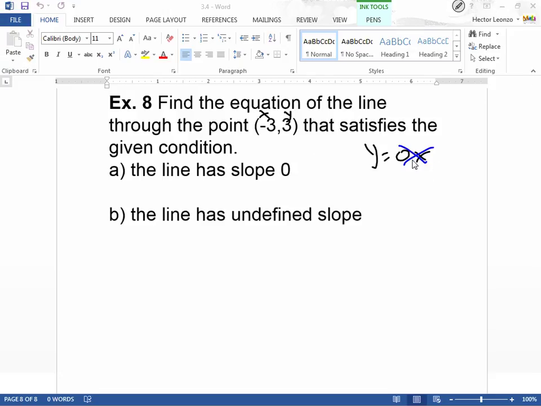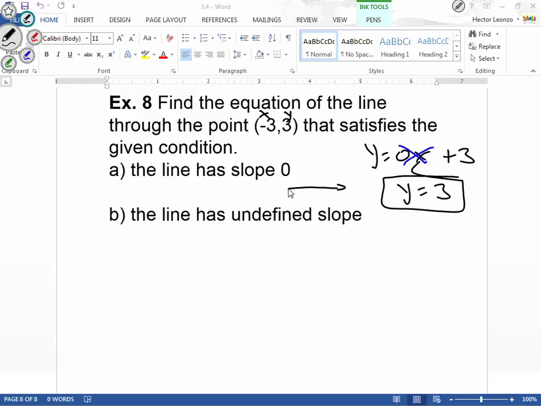I know the value of y is going to be positive 3. I'm just going to call this y equals 3. That's the equation of the line, right? Any line that has a slope of 0, it's y equals something. I remember I covered back in section 3.2, there were two special cases: when y was something, it was a horizontal line where the slope was 0, and then there was a vertical line, that was when x was by itself, x equals something.